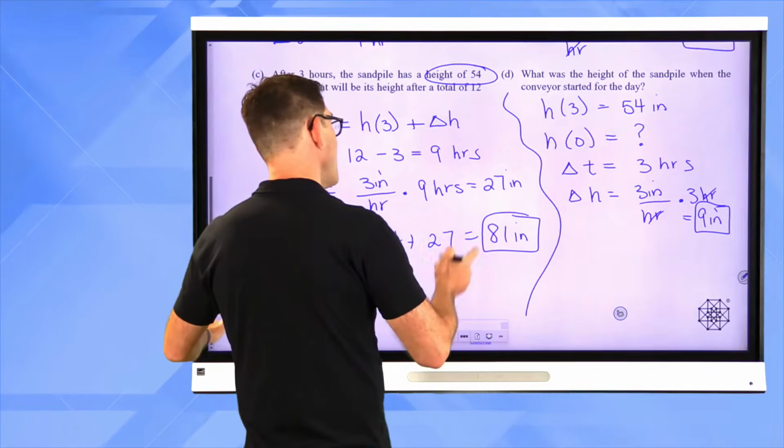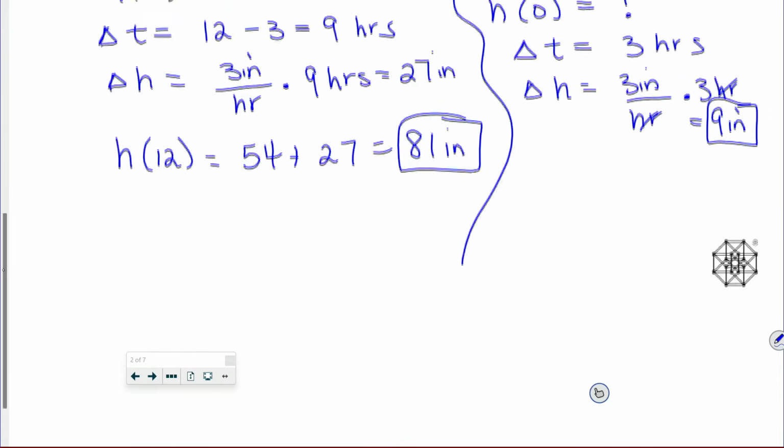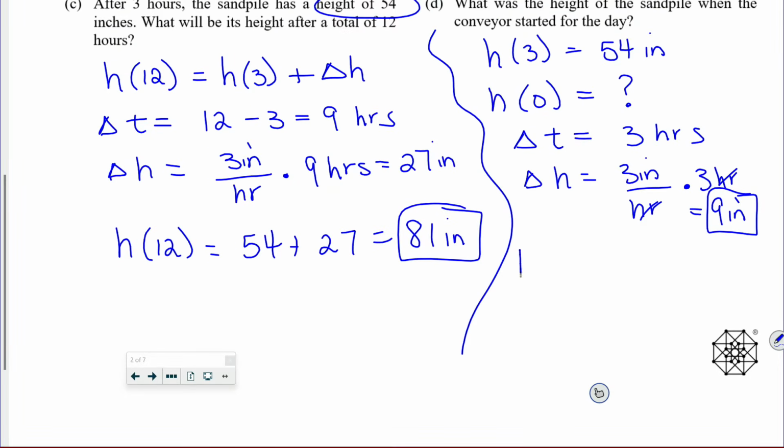So now we have to kind of go backwards, right? Let me just extend my page a little bit. And we have to say that the height at 0 is now the height at 3 minus the change in height between the two, not plus, because we're going backwards in time.